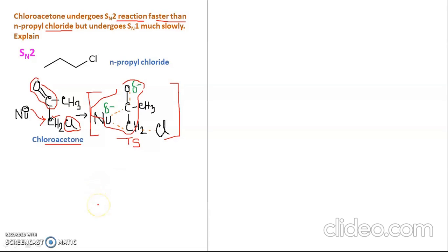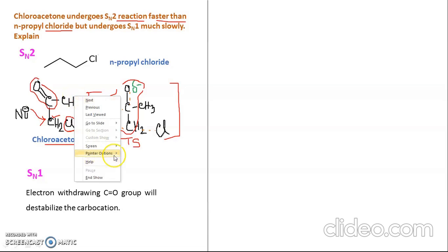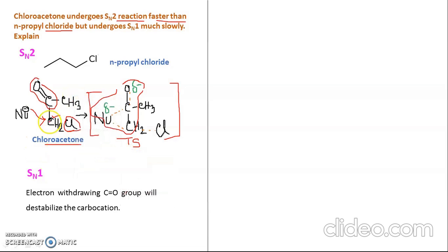But now if you consider SN1 mechanism, the opposite is the case. Opposite is the case means now N-propyl chloride will react faster than chloroacetone. Now what is the reason? Compared with chloroacetone, the carbocation that will be formed in case of chloroacetone, that is at this position, will be very unstable because there is an electron withdrawing group present just beside it.